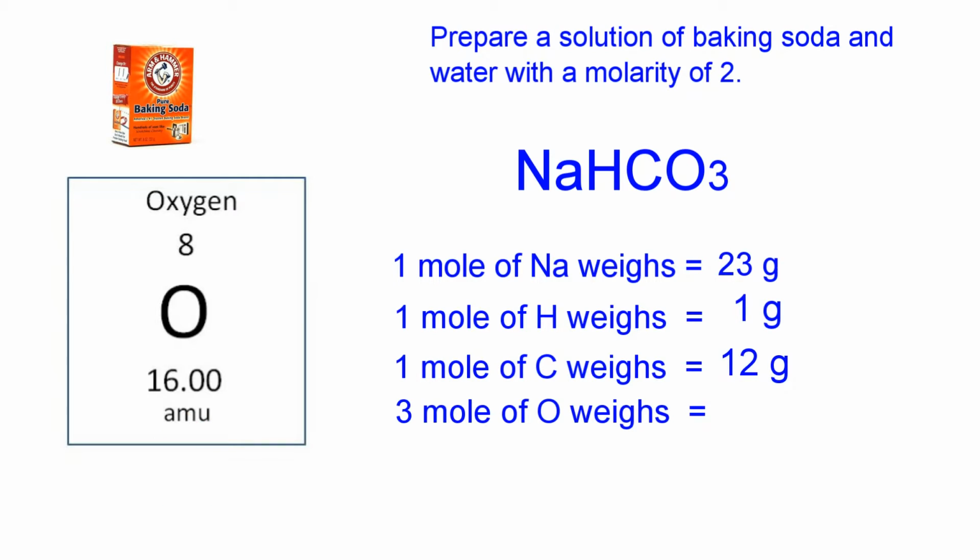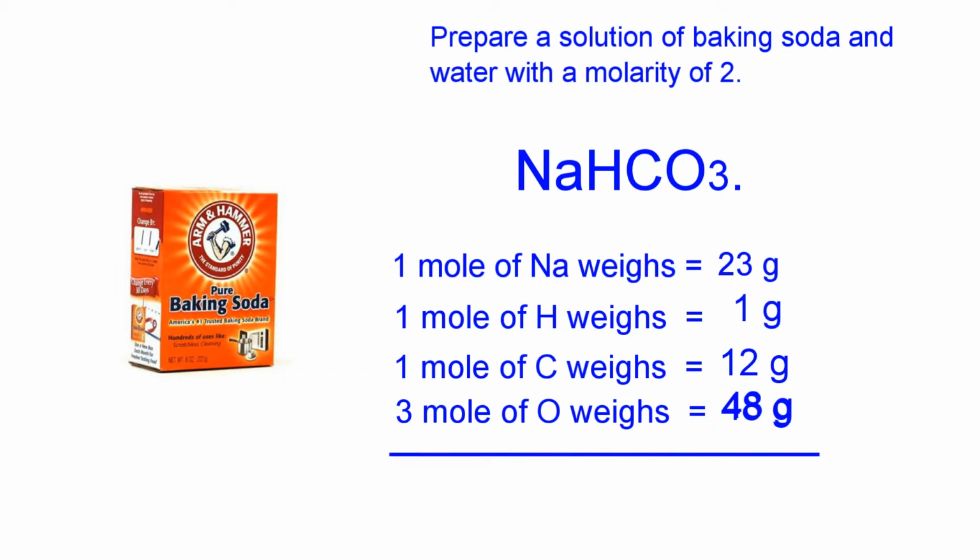But remember, we have 3 oxygen atoms in each molecule of baking soda. So if we have 1 mole of baking soda molecules, we'll have 3 moles of oxygen atoms. 3 times 16 will equal 48 grams.